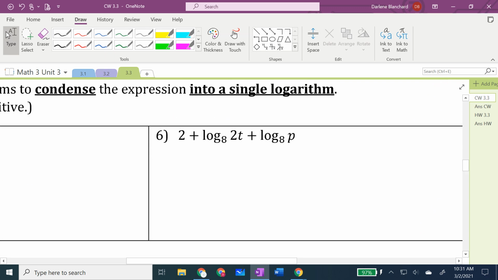The base of the logarithms that I'm working with are base 8. I want to write 2 as an answer to a logarithm. So that means I want to look at 2 is equal to a logarithm that is base 8. And I need to figure out what's going in that logarithm to give me an answer of 2.